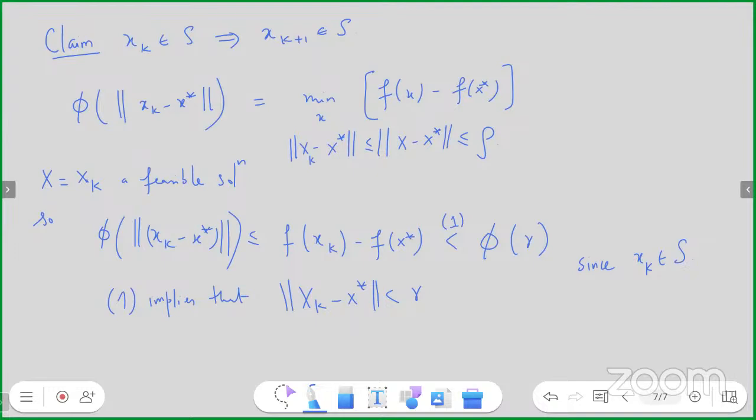Let's compare the leftmost and the rightmost. In between was just an artifact of the definition of xk belonging to S. So what is the leftmost? It's phi of the norm of xk minus x star. The rightmost is giving you less than phi of r. Already shown that if one increases, the other decreases. So it automatically gives you this. So keep track of what is going on. Things are much simpler than what it appears. So it's in fact 2 and 1.